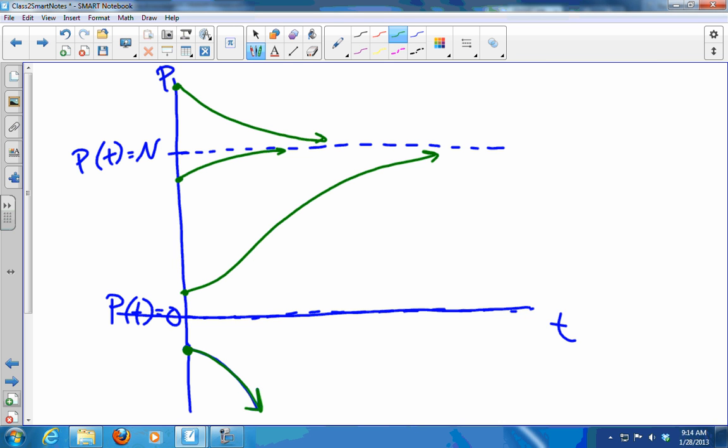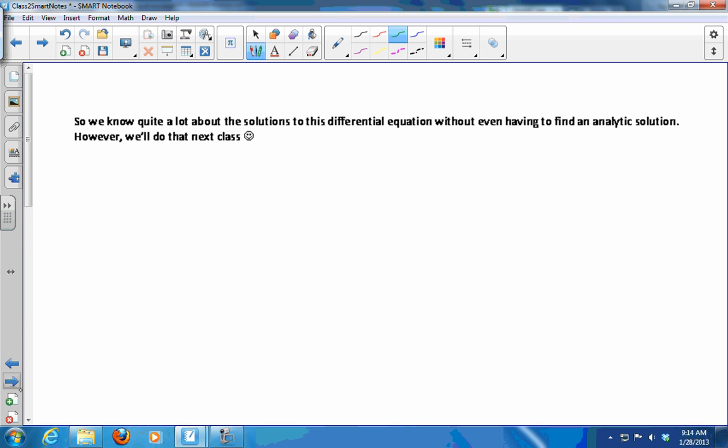We can know quite a lot about the solutions to this logistic differential equation without coming up with a formula, without analytically solving it. All we really need to know are the equilibrium solutions. But don't worry, next class we will solve it analytically.